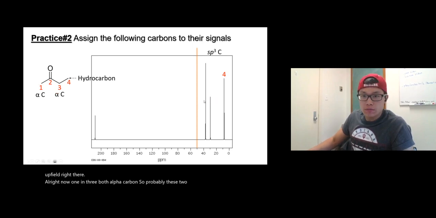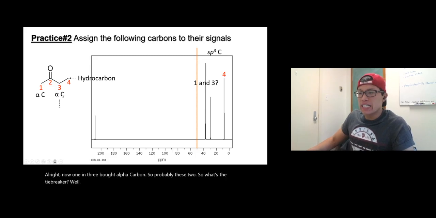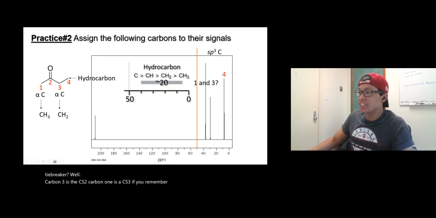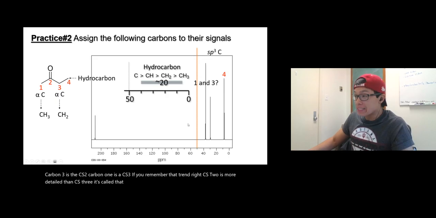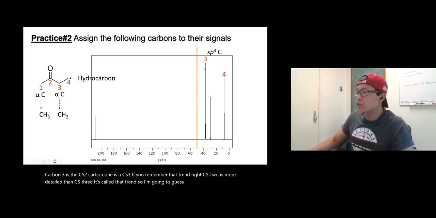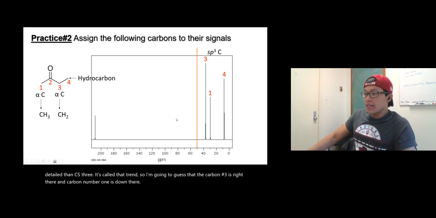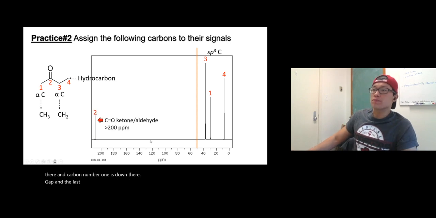So what's the tiebreaker? Carbon 3 is a CH2 and carbon 1 is a CH3. If you remember that trend, CH2 is more de-shielded than CH3. So I'm going to guess that carbon number 3 is right there and carbon number 1 is down there.